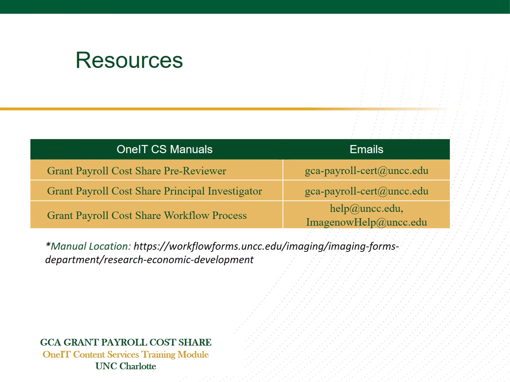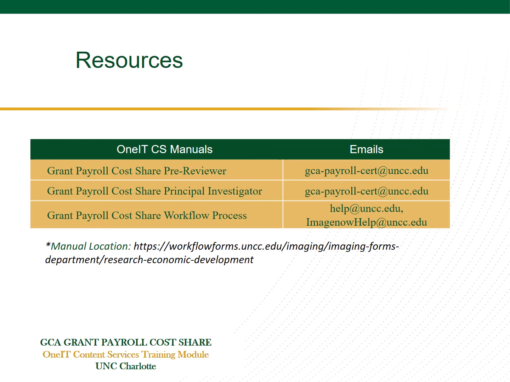There are several resources I would like for you to be aware of. We have 3 manuals out on our website, one for the pre-reviewer, one for the principal investigator, and one for those who do workflow processing. The forms are located at workflowforms.uncc.edu/imaging-forms-department/research-economic-department.